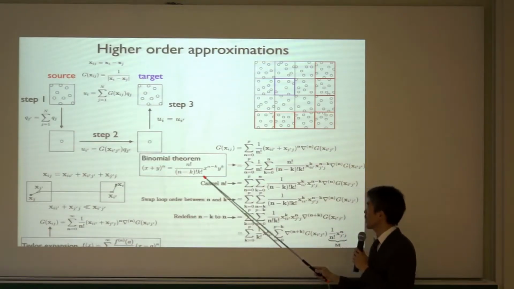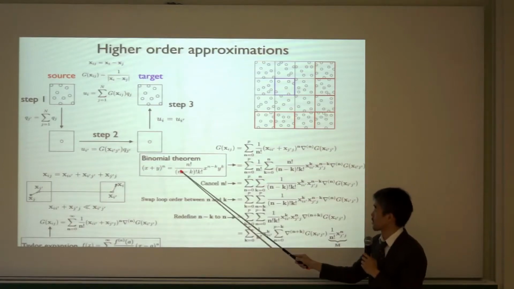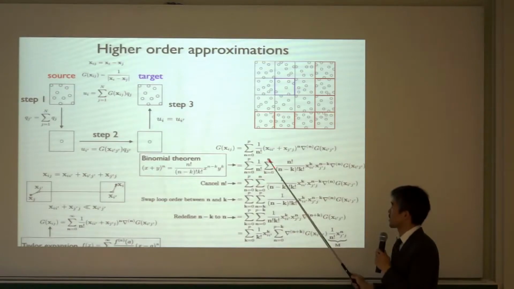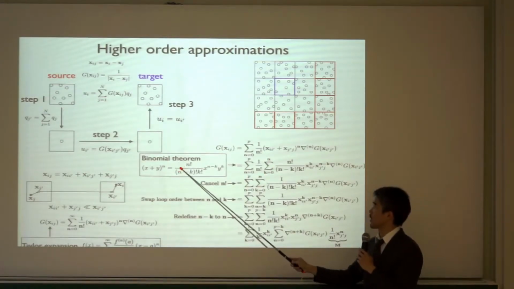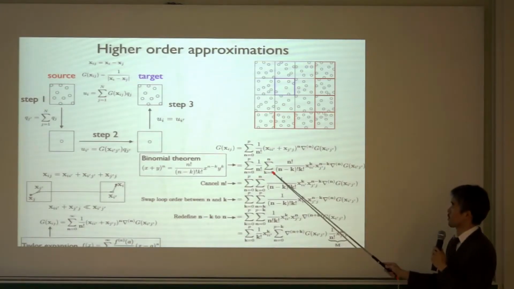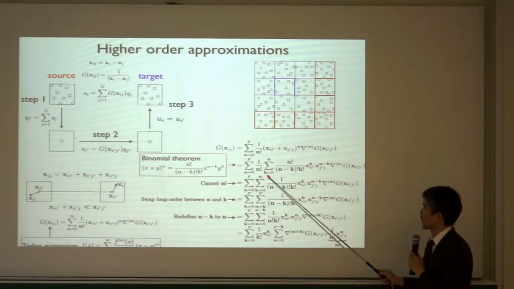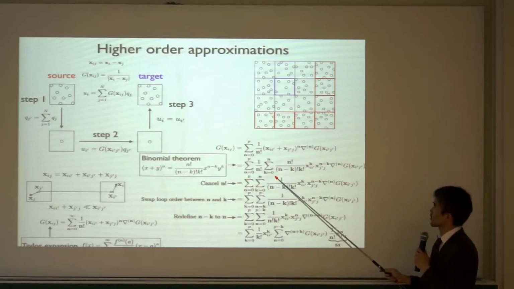Sorry, I'm missing a summation here. There should be a summation from k going from 0 to n here. But the summation is here, so even though this part is slightly incorrect, this one is correct.